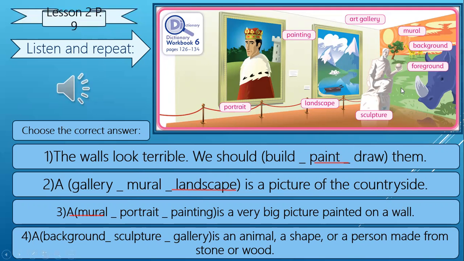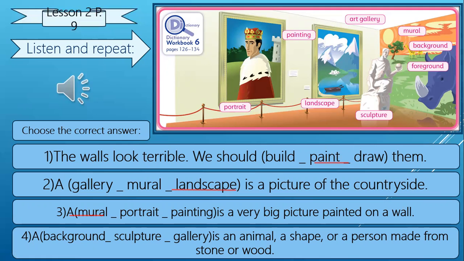You can see these on the picture here. So here the landscape. Can you see it? Yes, that's right. And also this is the landscape, and also this is painting, art gallery, and also the mural. Picture painted on the wall. Number 4, a background, a sculpture, a gallery.